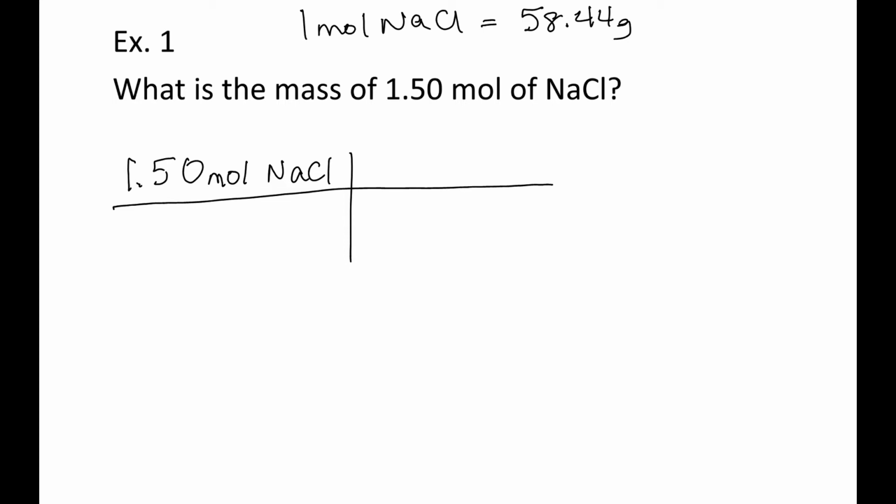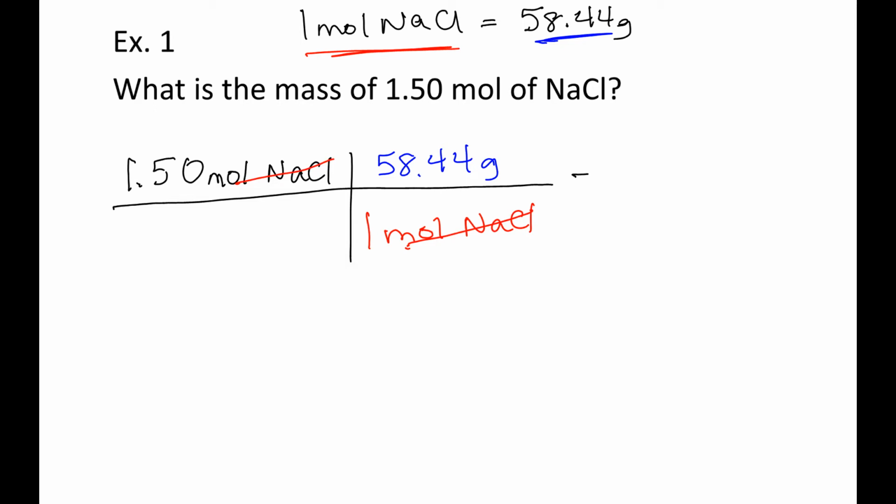So this 1 mole of NaCl goes at the bottom. That means the gram part goes on top, so 58.44 grams. This way, our moles of NaCl cancel out, and we're left with just grams.